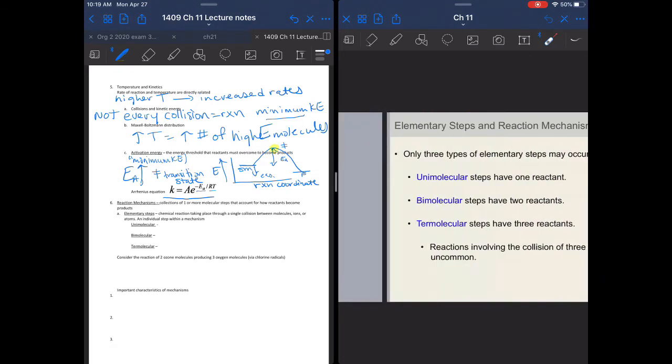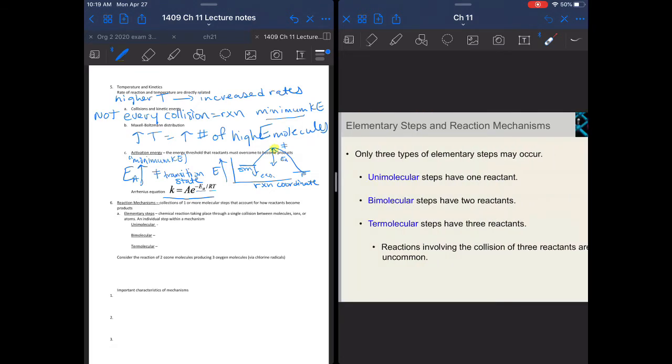So when we think about these elementary steps, there may be 1, 2, or 3 reactants, and we would call that unimolecular, bimolecular, or termolecular, right? So unimolecular will have 1 reactant, bimolecular will have 2, and termolecular will have 3.